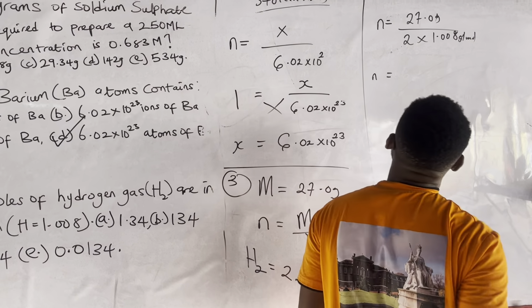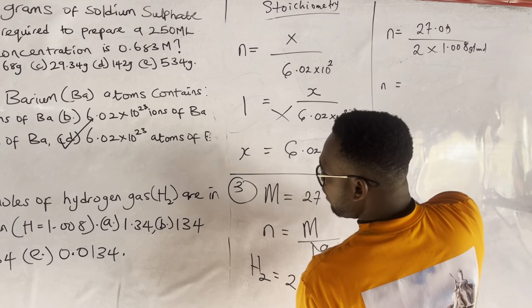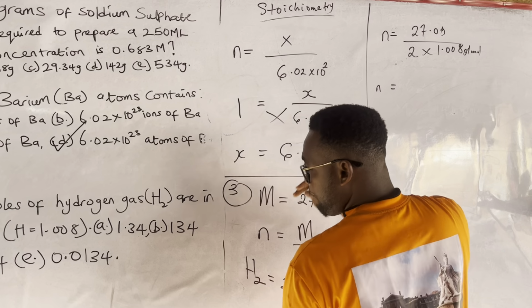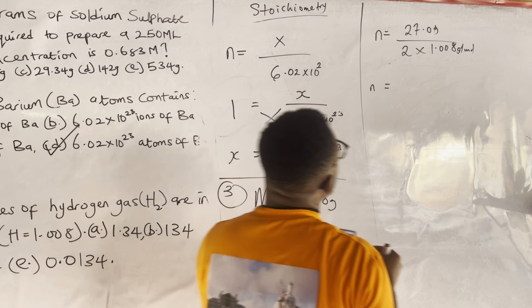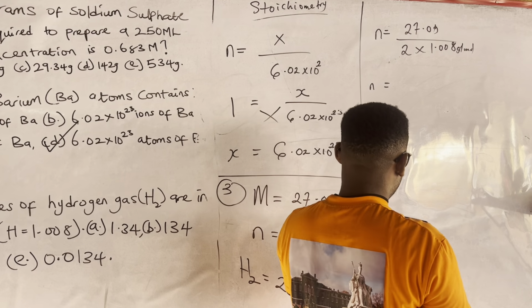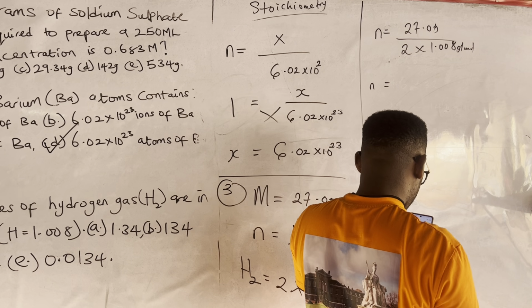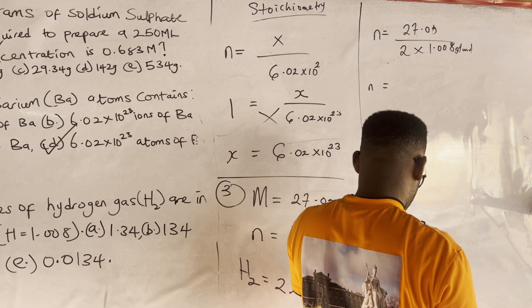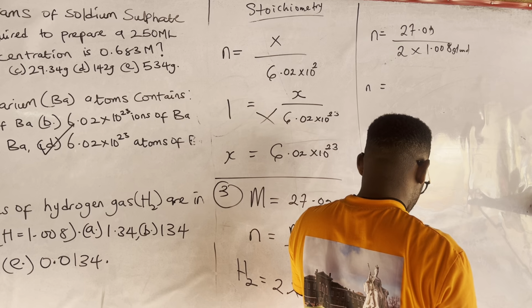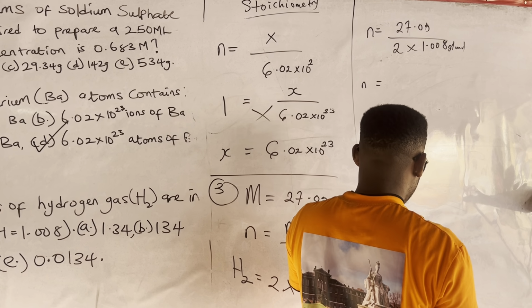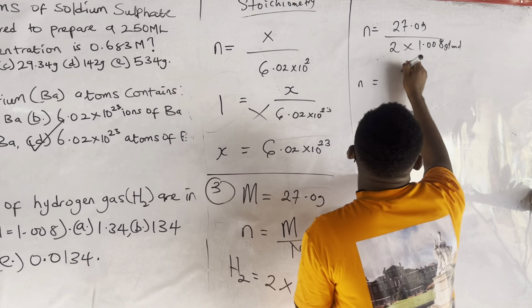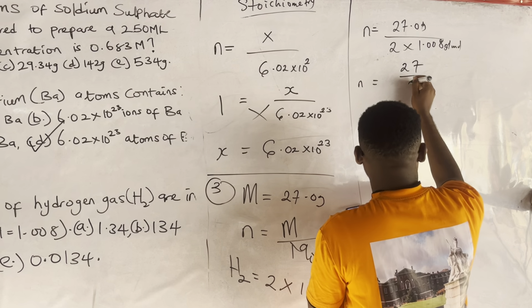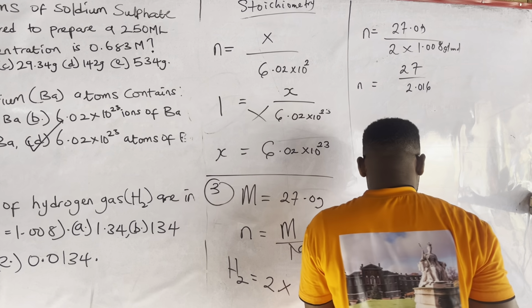That's like dividing 27 by 2, and we should have it in the options. So 27 divided by 2.016.